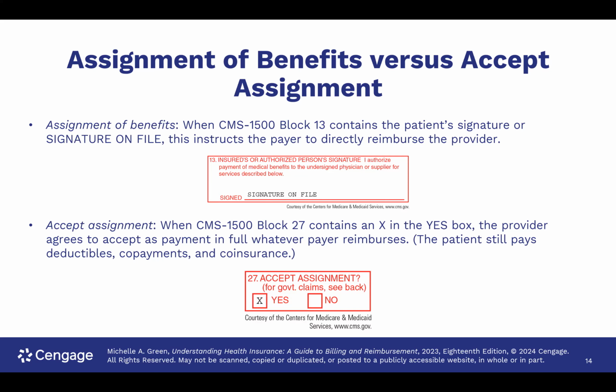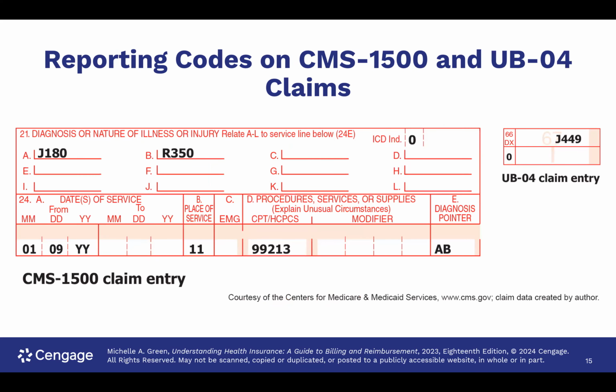Now let's take a look at another knowledge check. So in this case, we have a partially completed 1500 form, and the patient's name is Natalia Markov, M-A-R-K-O-V, Natalia, N-A-T-A-L-I-A. Date of birth is May 10th, 1995.